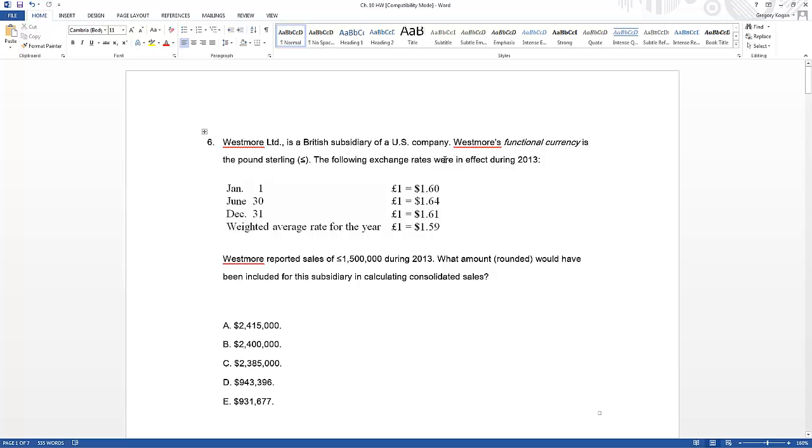So Westmore's functional currency in this situation is the pound sterling. So what are we talking about in terms of the pound sterling? These are the rates from January 1 to December 31. This is a British company, so the US owns this subsidiary.